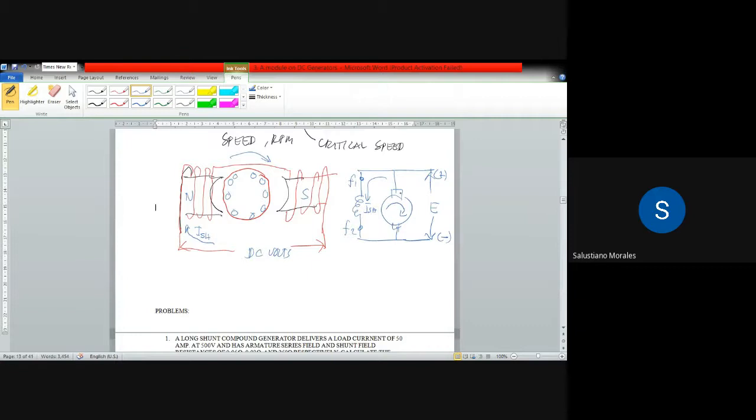So it will cause now that direction of the polarity and the direction of the current to come out with this output na plus minus. Then how about if we're going to reverse now the connection of the field? Say yung F1 should be connected now to the lower part.